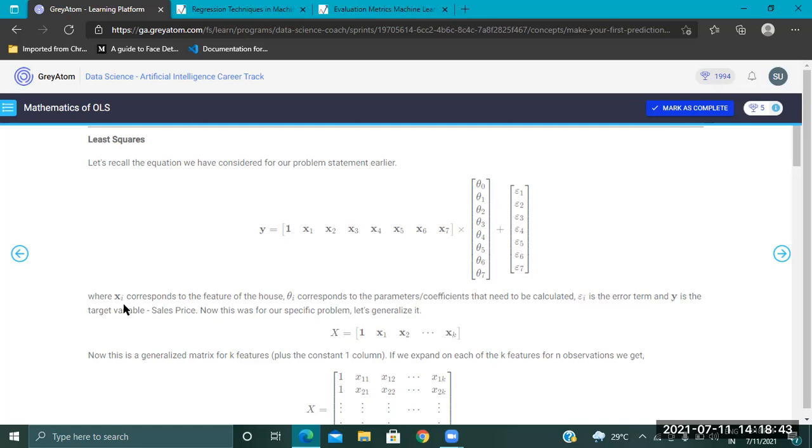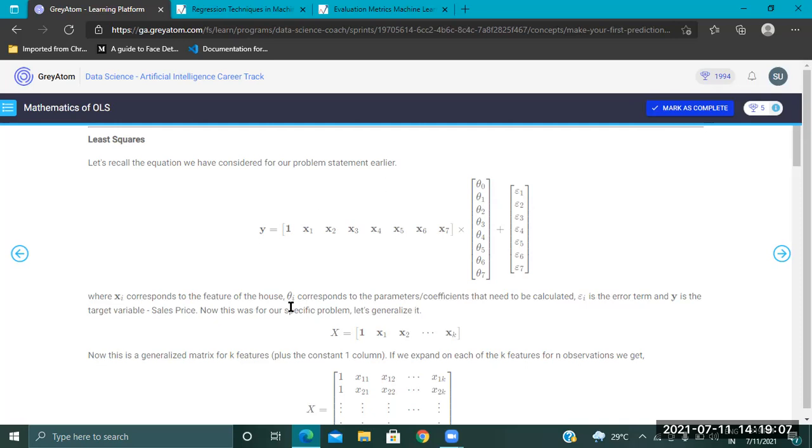So x1 states the number of rooms, x2 states the color, x3 states one floor or two floor, x4 states the number of bathrooms, and some other criteria. So these are the predictors.